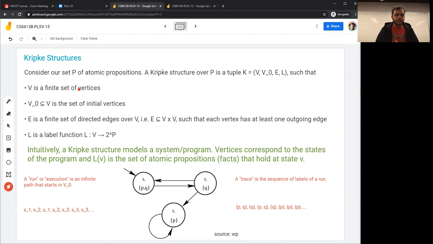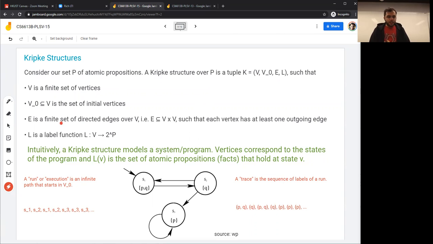So let's say that again, we have our set P of atomic propositions. A Kripke structure over P is basically just a graph. So V, E, these are the vertices and edges, together with a specific set of initial vertices. So V0, a subset of V, are our initial vertices.